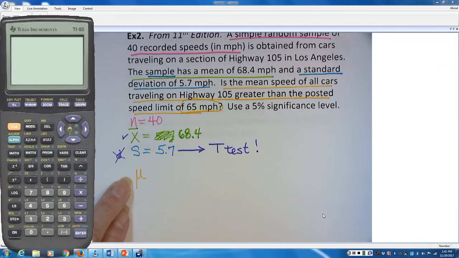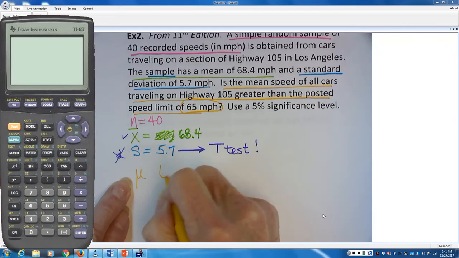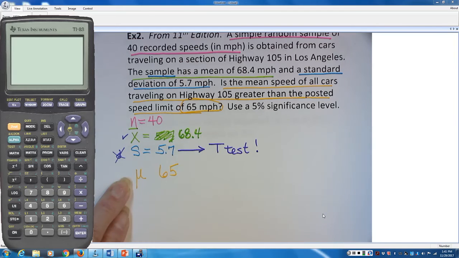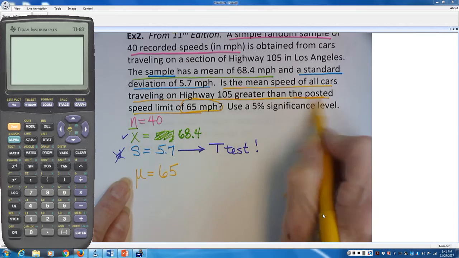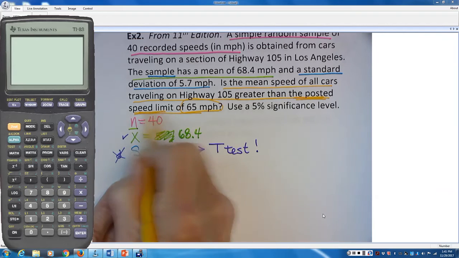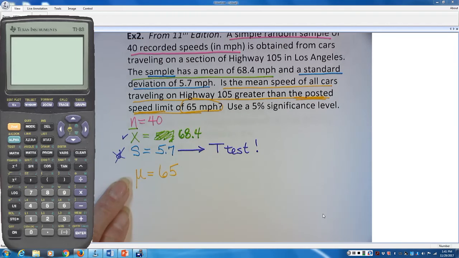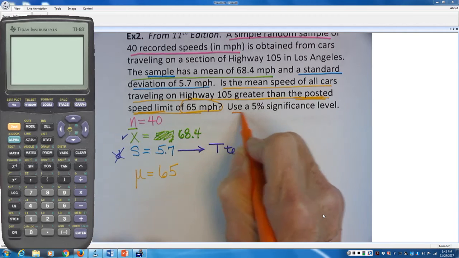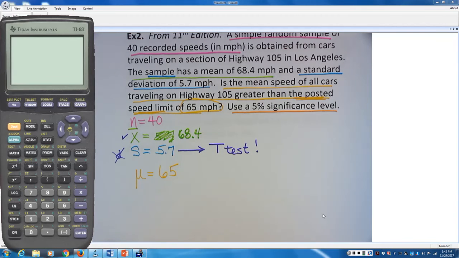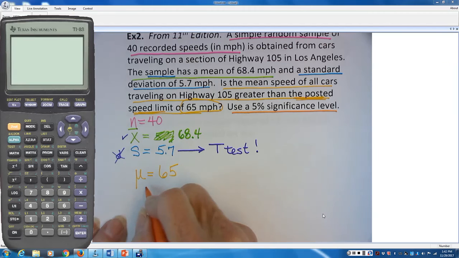It says mu is 65 miles per hour, doesn't it? Because that's the posted speed limit. Okay? Last part. Use a 5% significance level. What did that tell us? Exactly. Thank you, Zach.